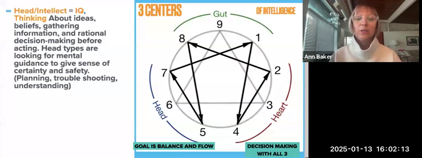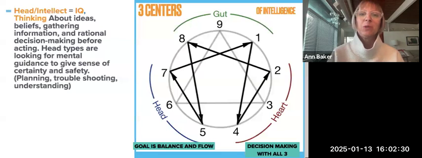So using all 3 centers is really a key to balance, flow, just living life smoothly, making decisions, holistic health. I taught about the 3 centers before I even knew about the Enneagram's teachings about the 3 centers. So a lot of holistic systems naturally have incorporated these centers. So again, the goal is balance and flow.